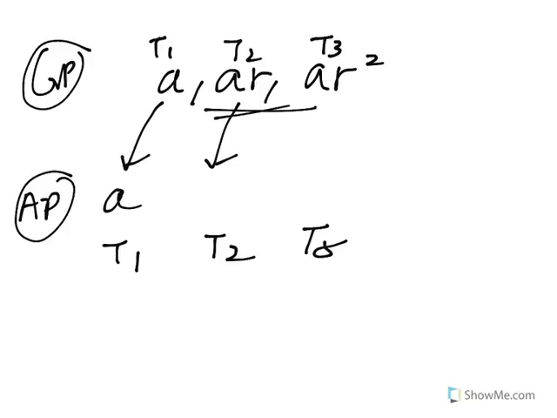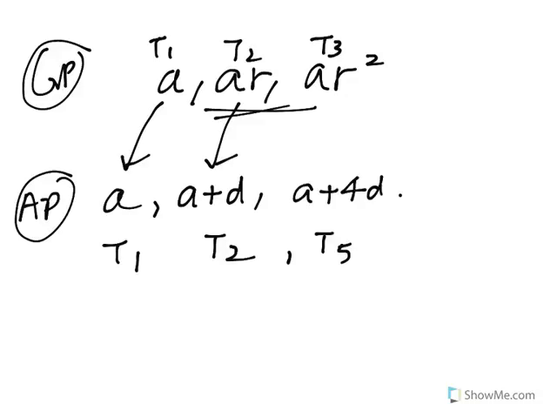How do you express the second term of an AP? We write it as a plus d. How do you express the fifth term of an AP? We write it as a plus 4d. Now we use the GP to help us. In a GP, between any two consecutive terms there is a common ratio.